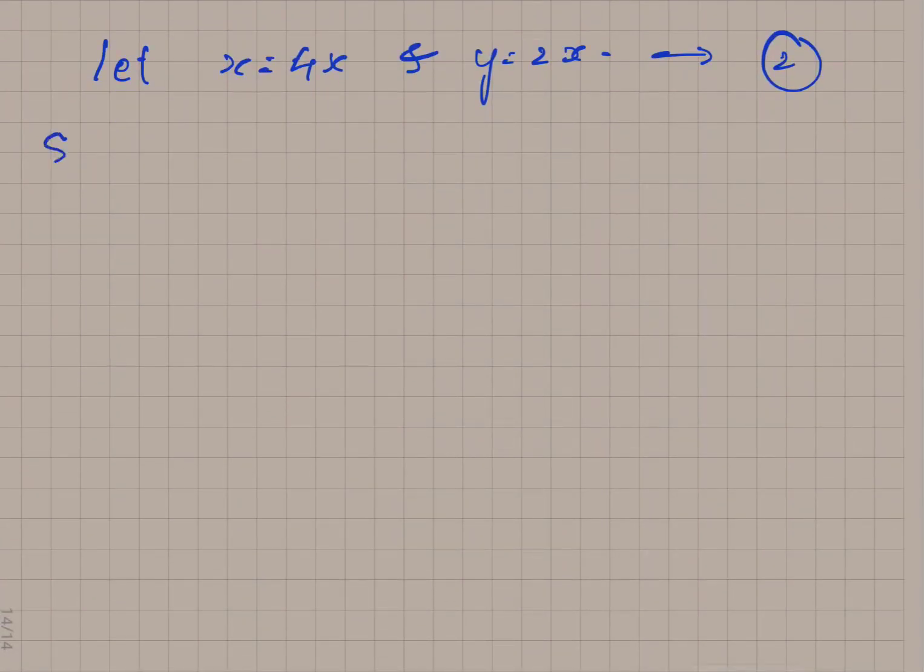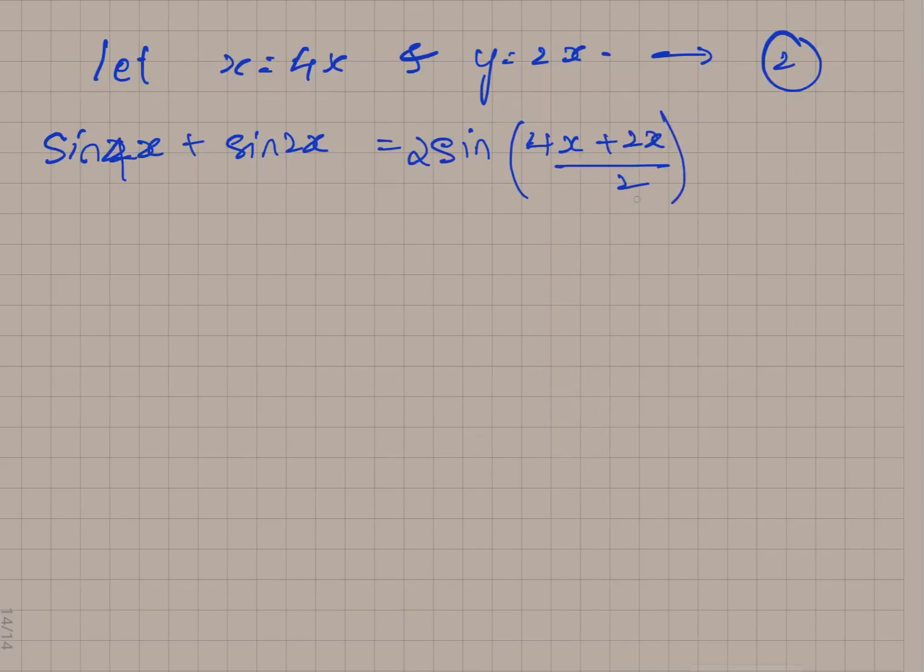Substituting, now we get sin 4x plus sin 2x is equals to 2 sin (4x plus 2x) upon 2 into cos (4x minus 2x) upon 2.